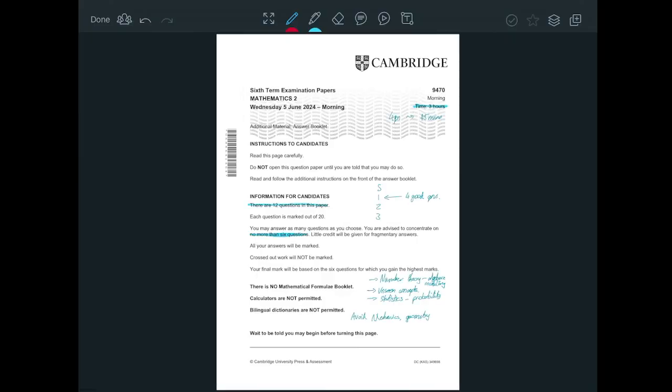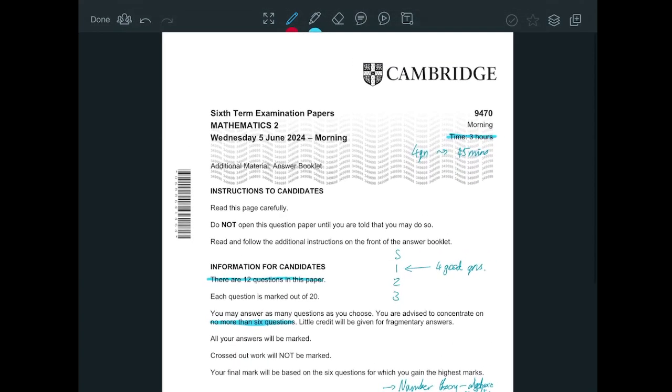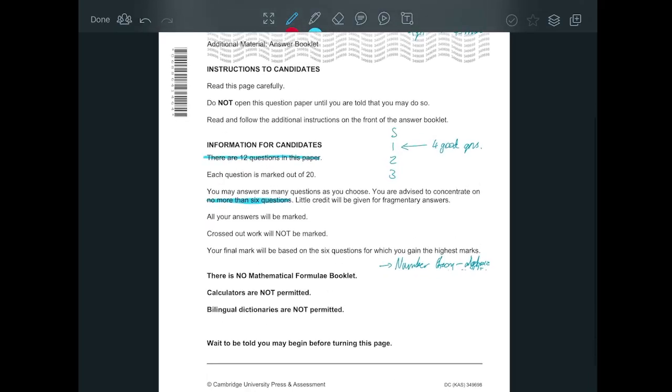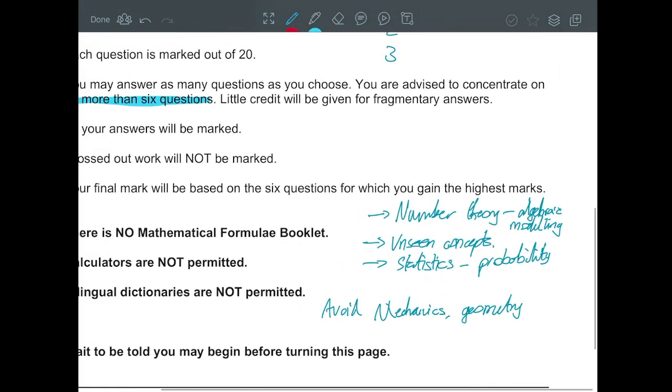Now, as you are tackling these papers, I would recommend that you do try every question available in the papers. To start with, you might have some preconceptions of which areas, which topics that you consider yourself to be good at and which ones you aren't. But that's not always matching from A level to STEP.